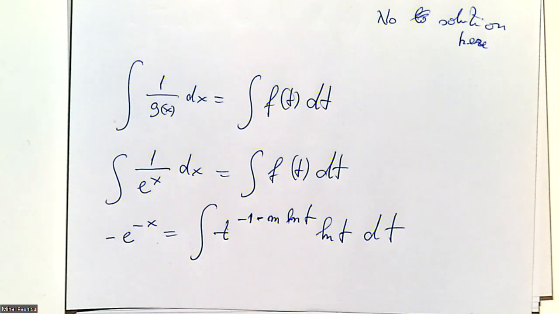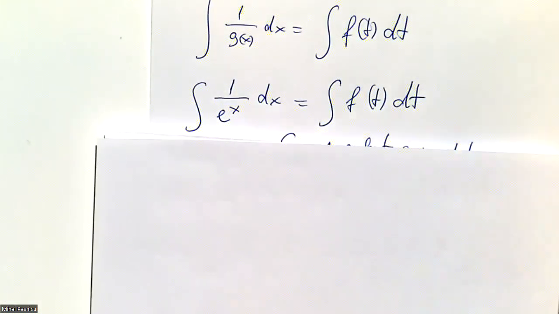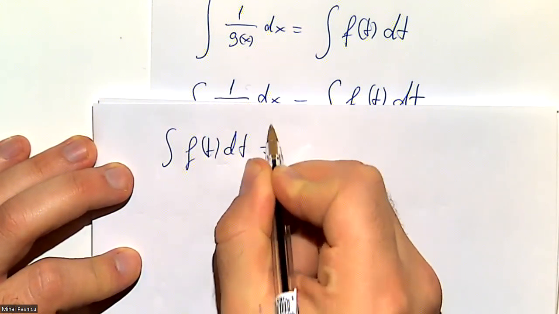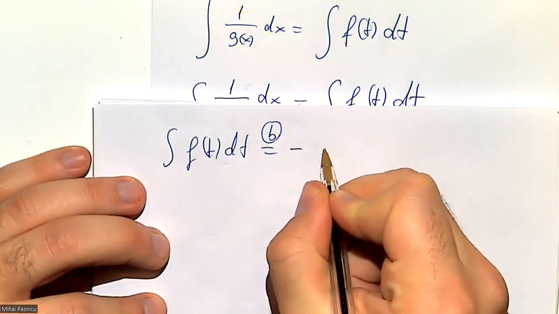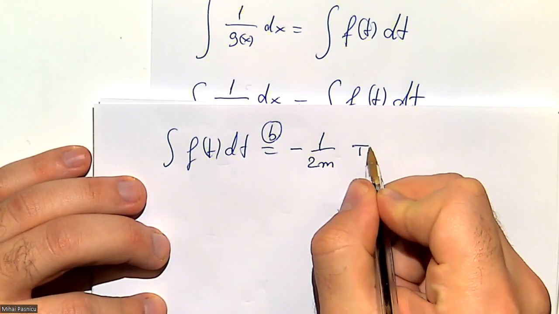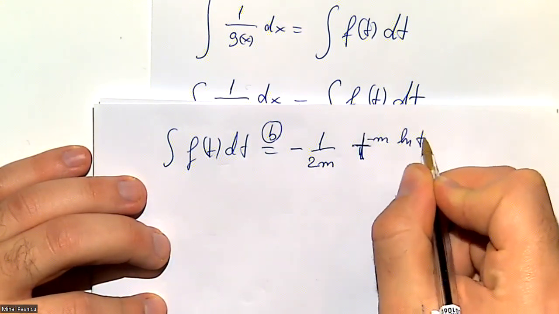So you have this thing equal to this thing. And here you can say, straight out of part B, you can just pull it out and say the integral of f of t dt is equal to minus 2m t minus m t ln of t.